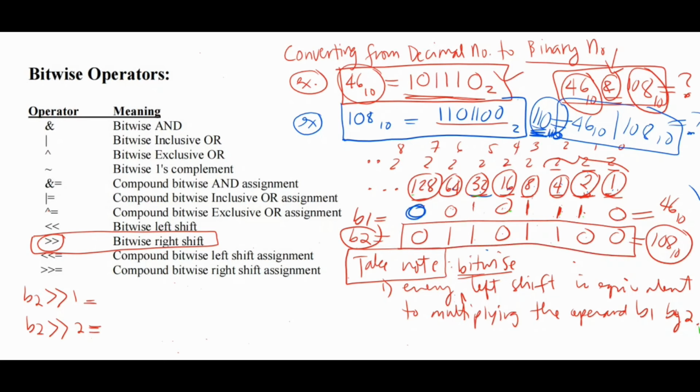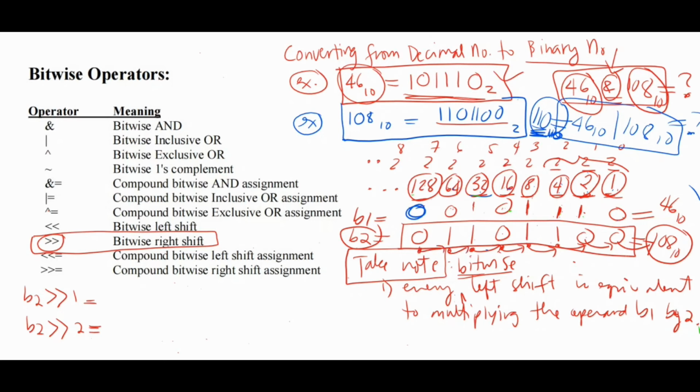So when we perform bitwise right shift once, we're going to move each bit one position to the right. This one goes to the right, this one goes to the right, this one goes here, and this one moves there, this one moves there, and lastly this one.